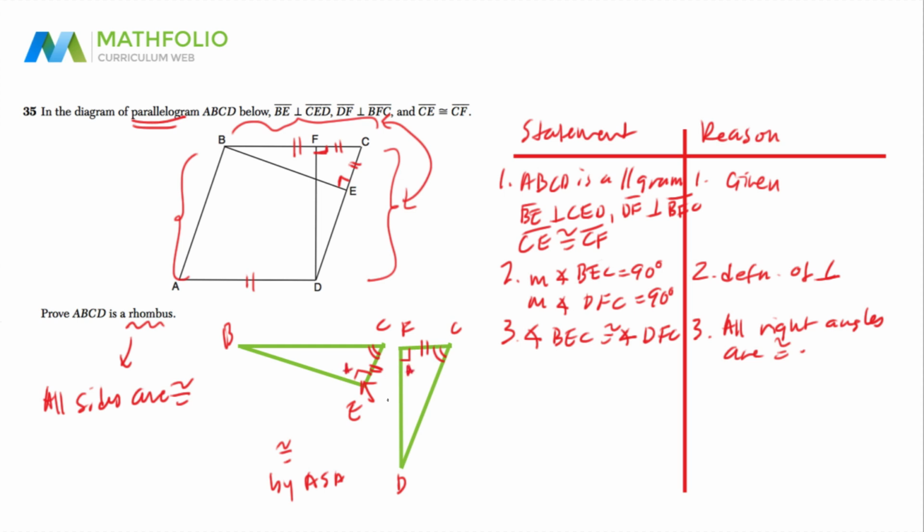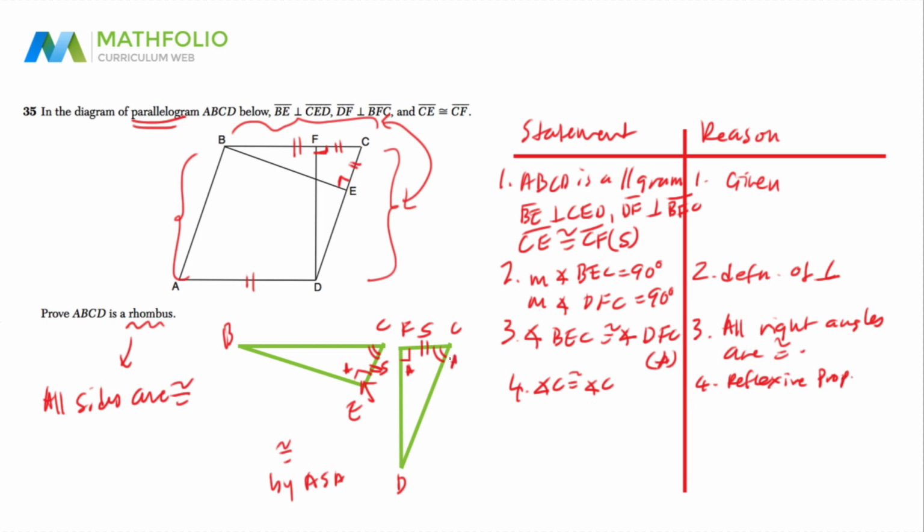So far we've got this angle and this angle. Next, we already have CE and CF as being the same side. So that's one of our sides, and we just made an angle statement. So we're almost there. We now just need to say that angle C is congruent to angle C, and the reason is the reflexive property.